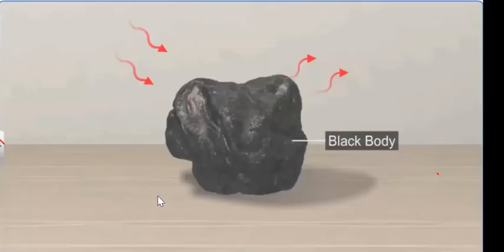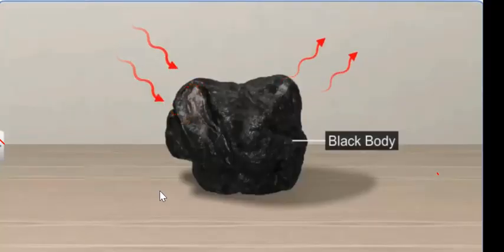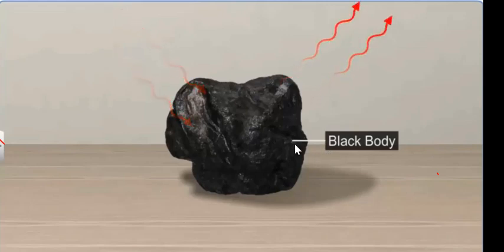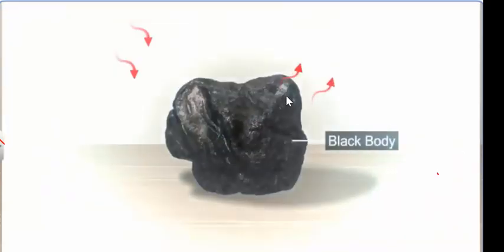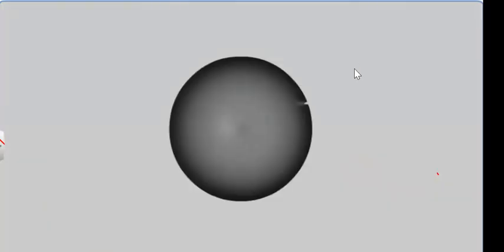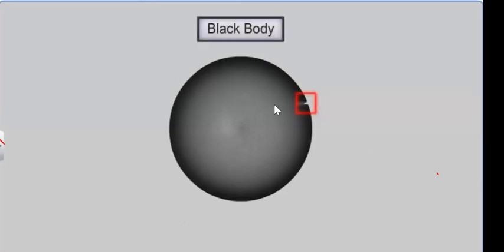Here we have to talk about the black body. The black body means 100% absorber and 100% emitter. So the complete energy it is receiving, as well as the complete energy it is releasing. Okay, that is the black body. See here, one slit is there, one small hole is there. So when the light comes inside, it keeps moving and scattering inside only.